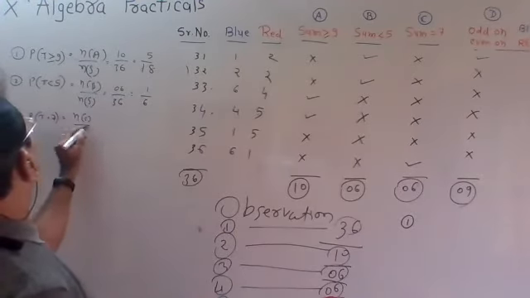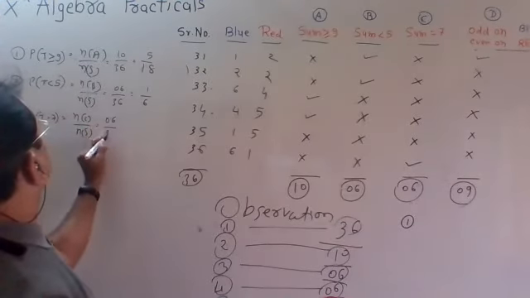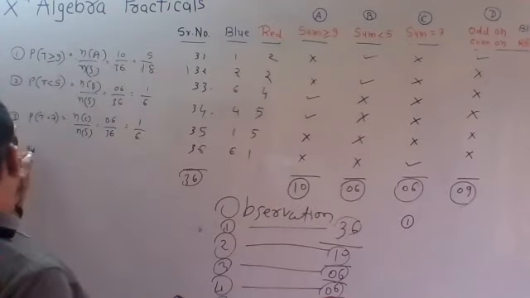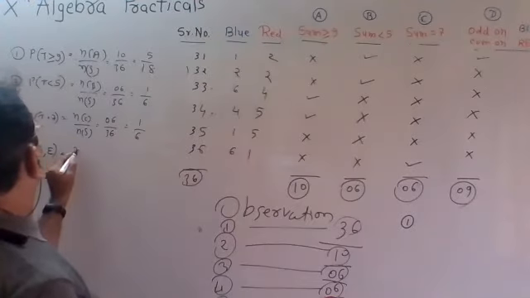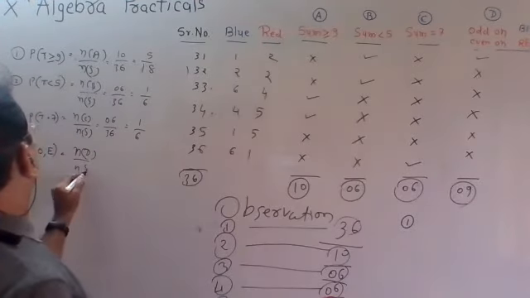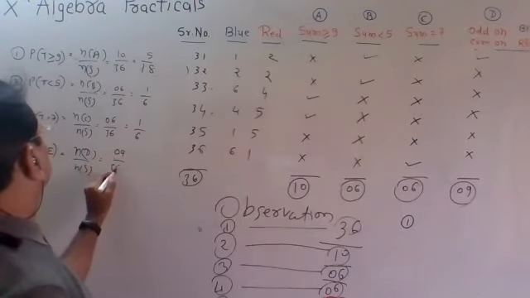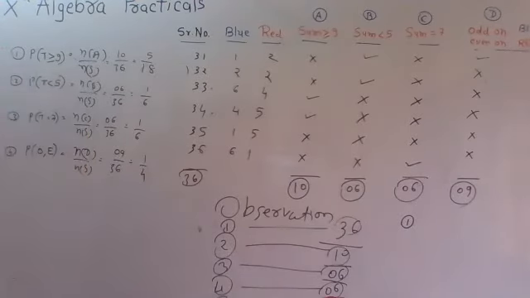Number of C divided by number of S. C is also 6. Probability of odd and even: number of B divided by number of S, that is 9 by 36.